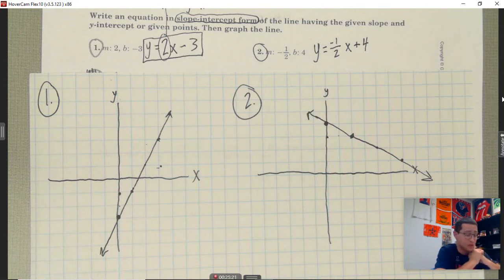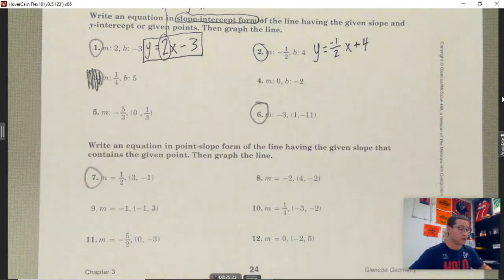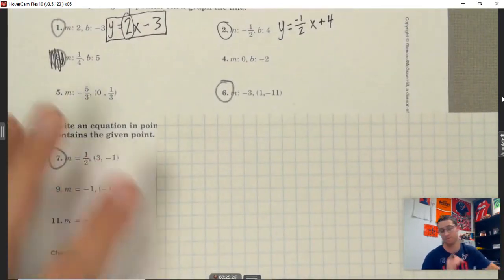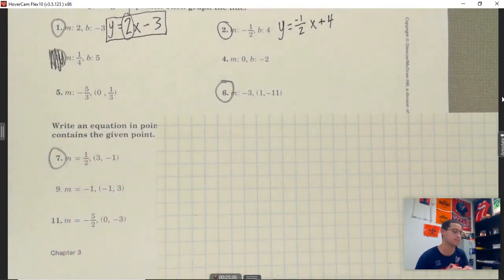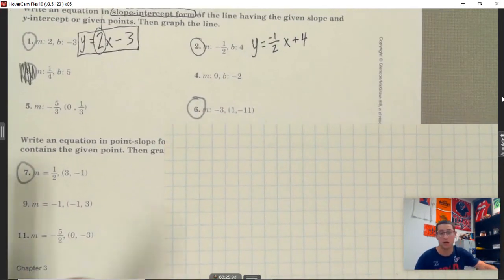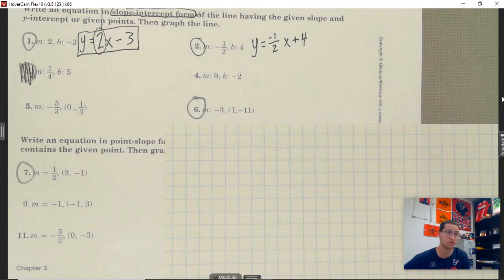equations. Number 6 is a little bit different. And let me preface it with this. There are so many different ways to solve this problem. Multiple. I'm going to give you one way to do this.